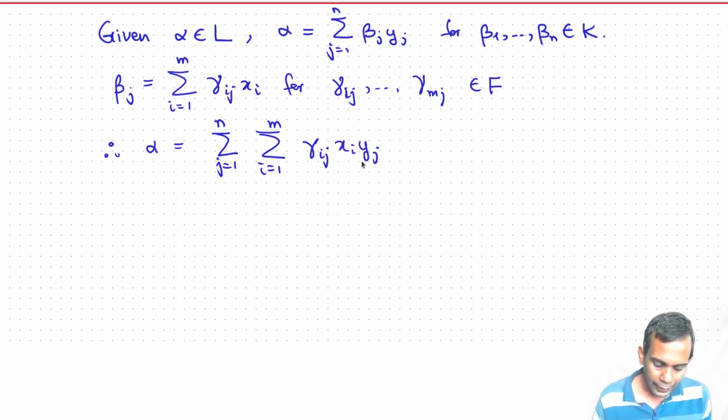And so this set xi yj spans L as a vector space over F.